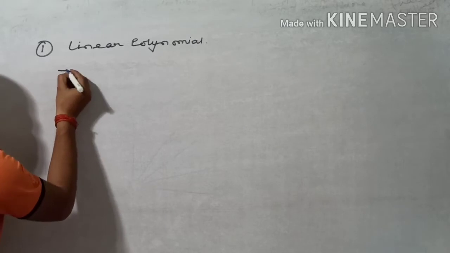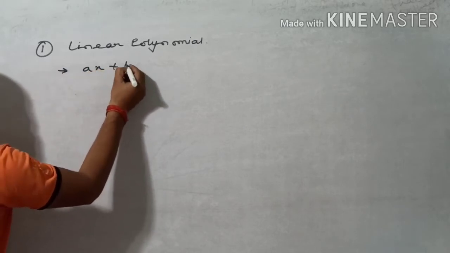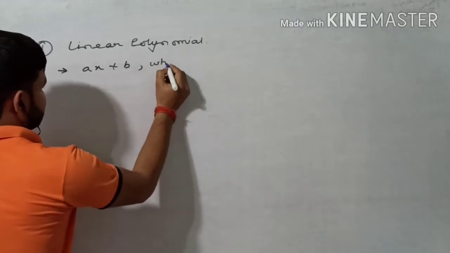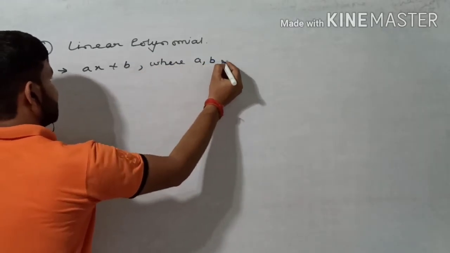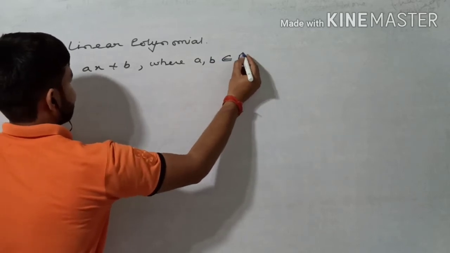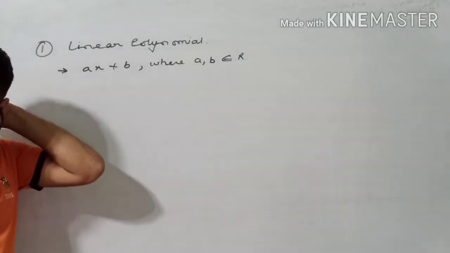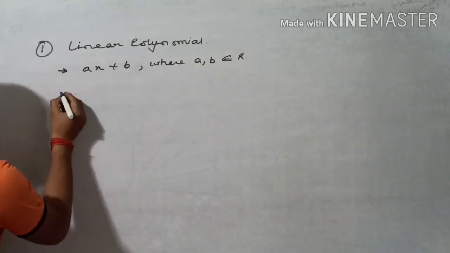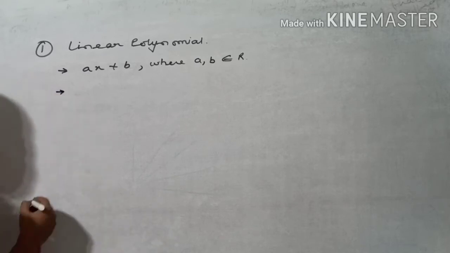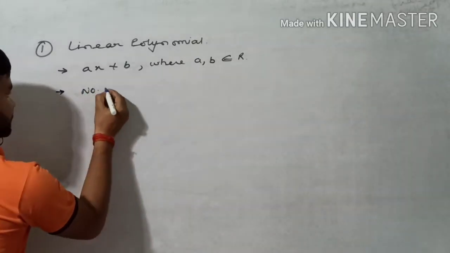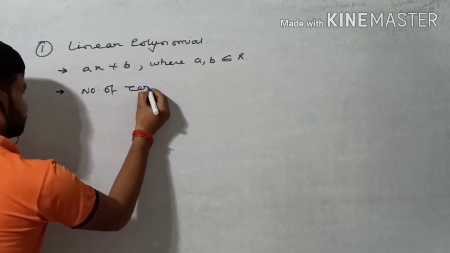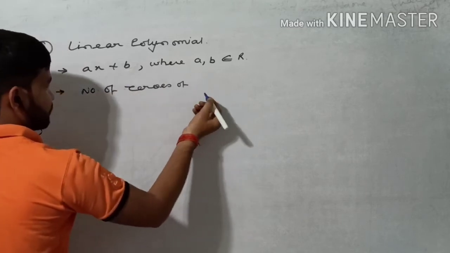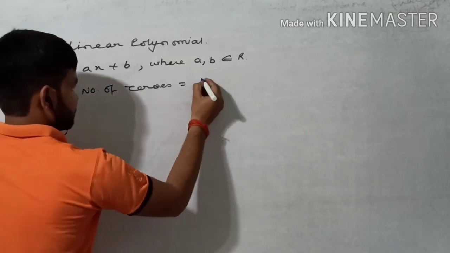Its standard form is ax plus b, where a and b belong to real numbers, that means R. After that, second point is number of zeros of linear polynomial. Number of zeros equals 1.